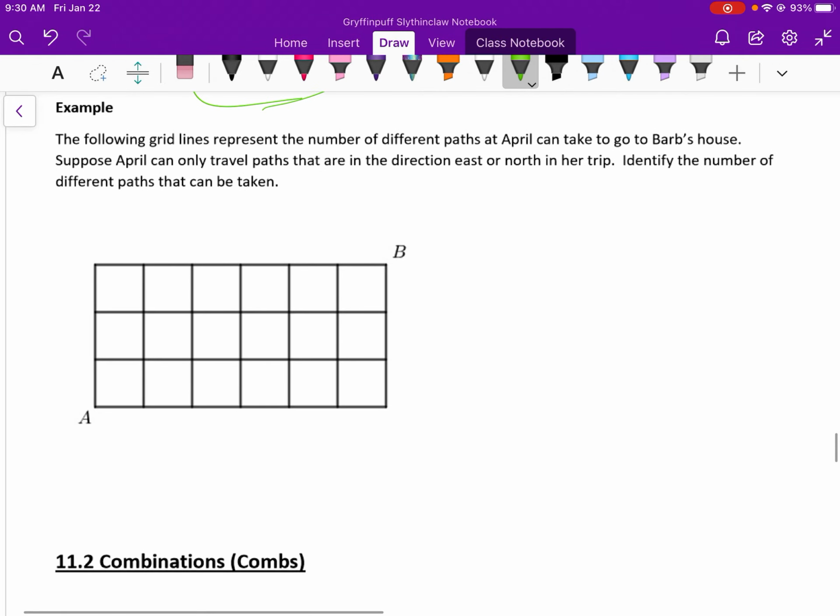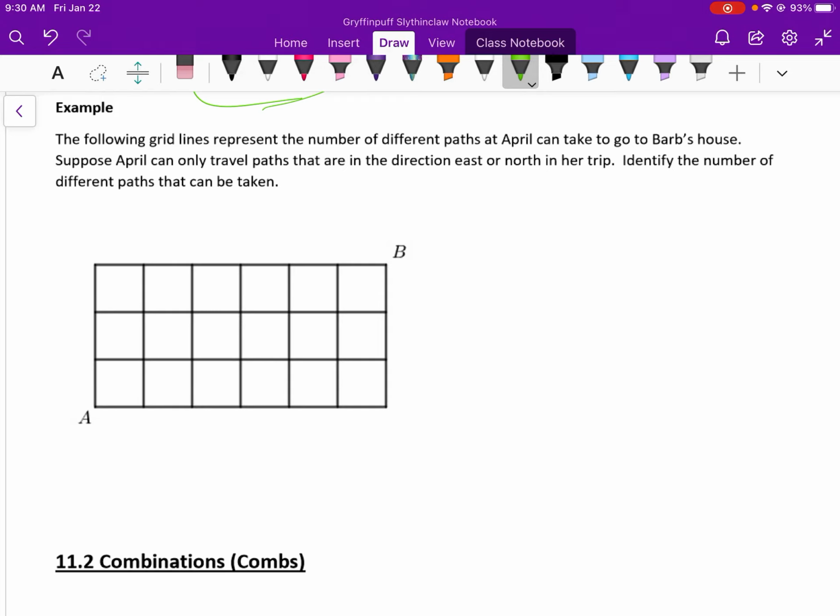See, what I really love in math is when you think that we're talking about permutations and combinations and stuff like this, and then somebody gives you an example which has real-life applications.